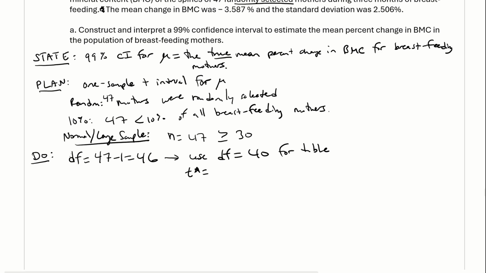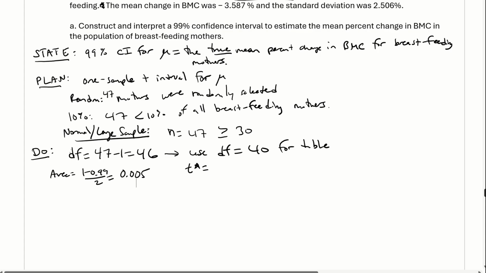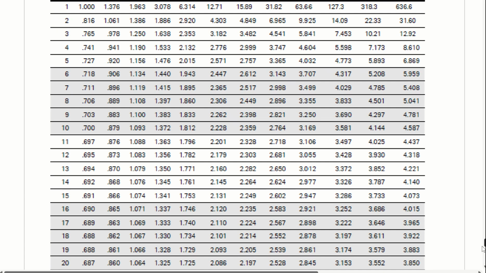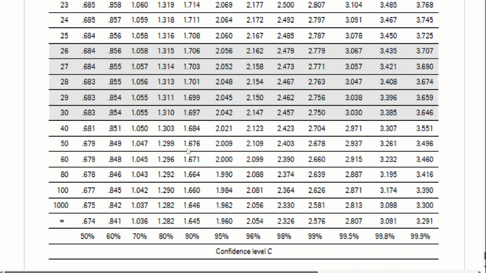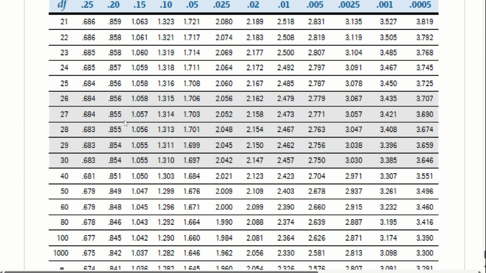So let's see, we got 46. Oh, we can do the area. So the area was 1 minus 0.99 divided by 2. So that's 0.01. So that's 0.005. So 0.005, and then we're going to use 40 from the table, okay? Okay, so 40, and then 0.005 right here.